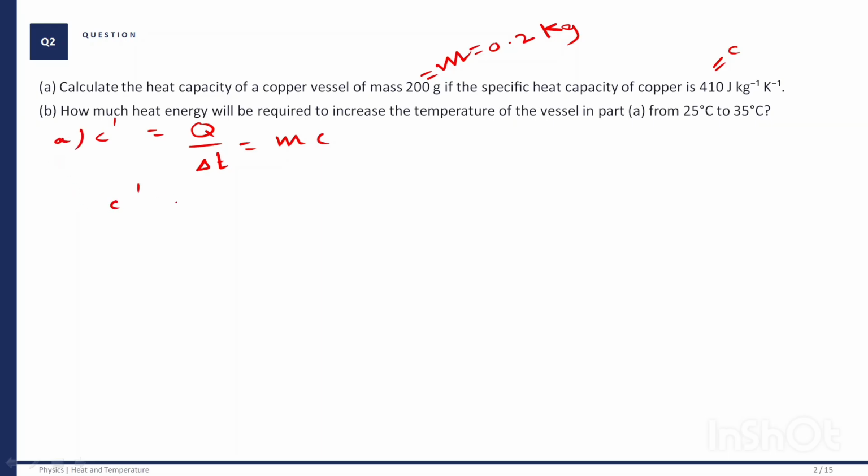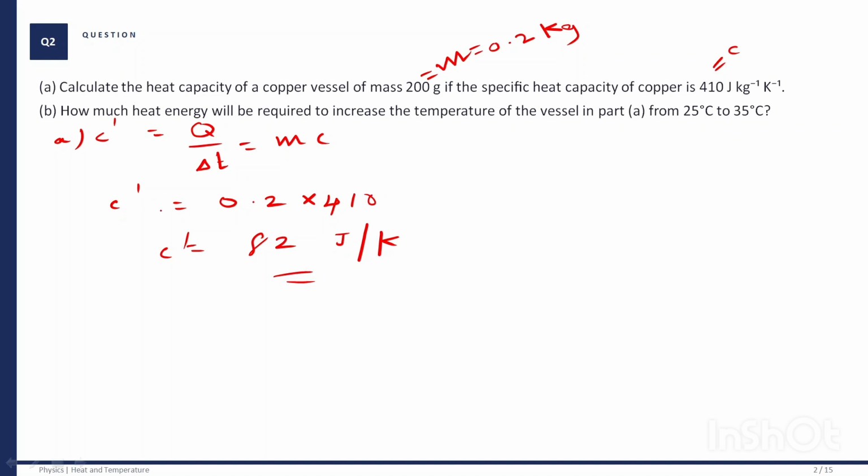So C dash equal to mass 0.2 kg into specific heat capacity 410. If we multiply, you will get 82 joule per Kelvin. So it is the heat capacity or thermal capacity.